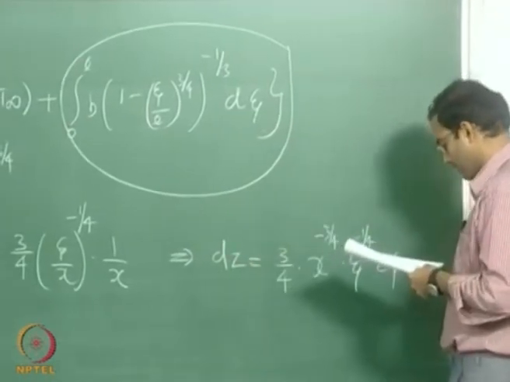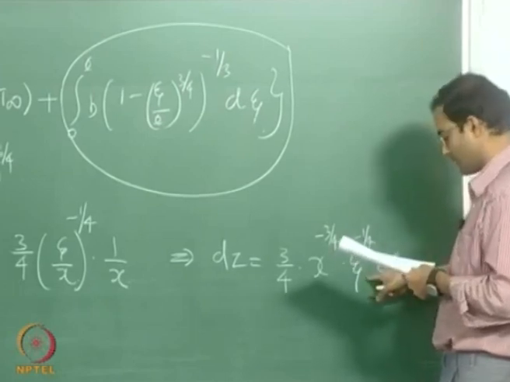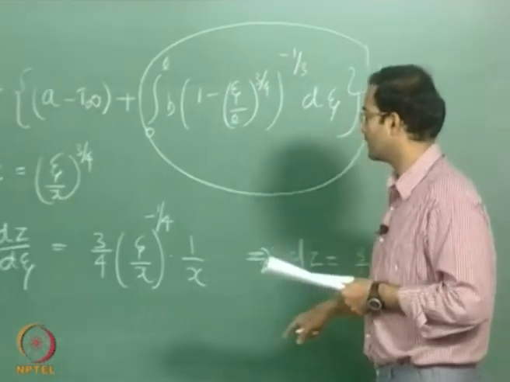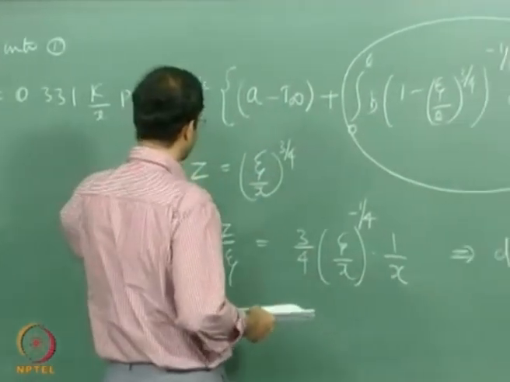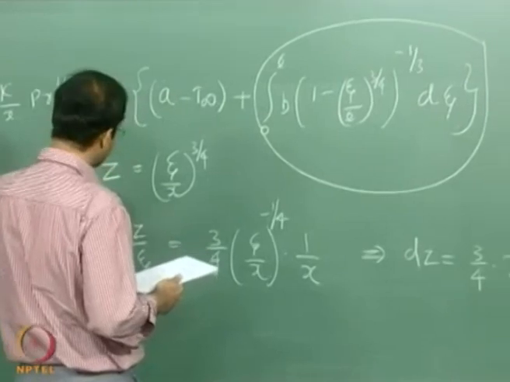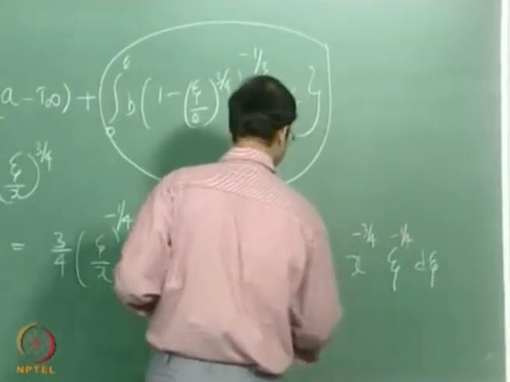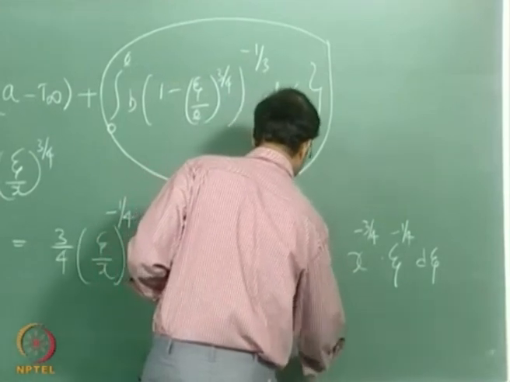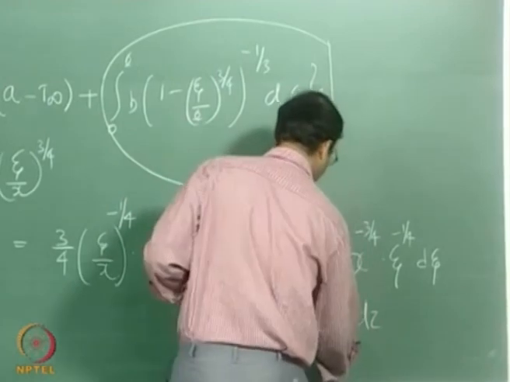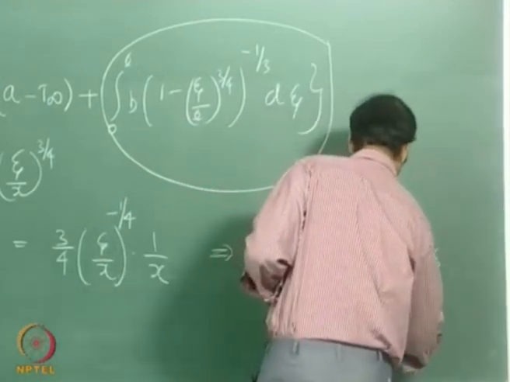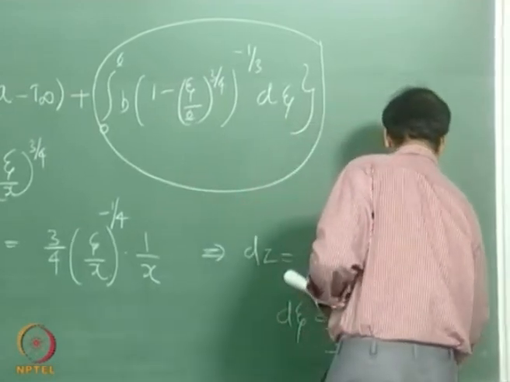In fact I can also write this in terms of z. Now z is zeta by x to the power 3 by 4, so z to the power of 1 by 3 I can put it, because this is already there. So my dz will be d zeta, 4 by 3 here, x to the power 3 by 4, zeta to the power 1 by 4.